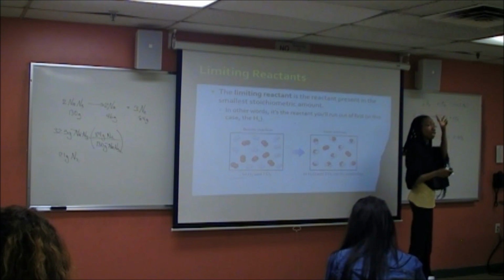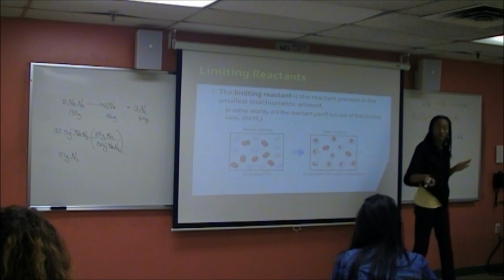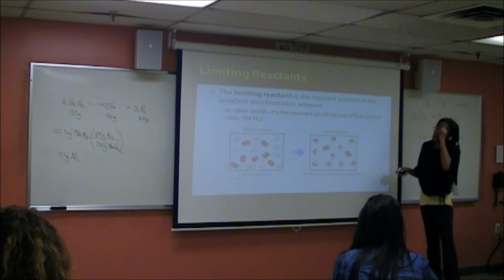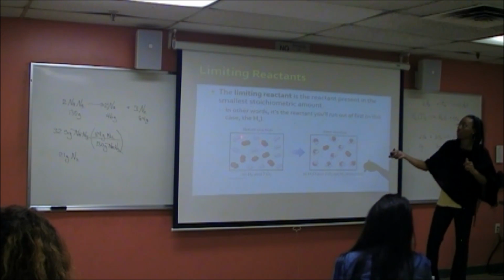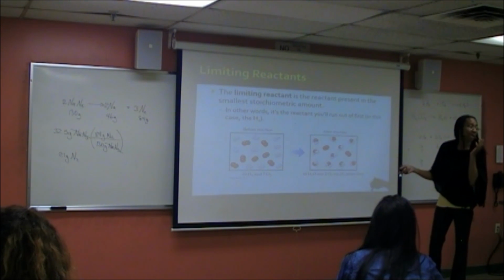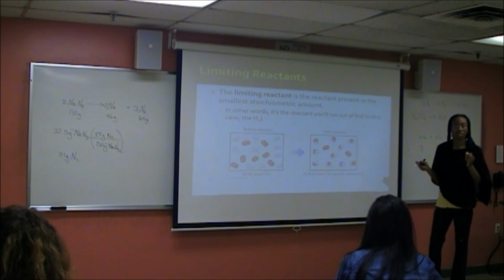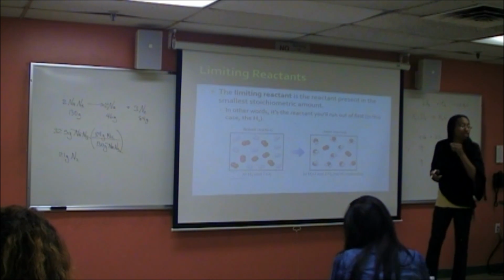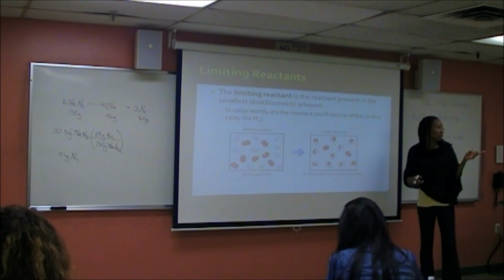So you need 2 hydrogen gas for every 1 oxygen gas. Here, the whites are hydrogen gases and the reds are oxygen gases. We have 10 hydrogen gas and 7 oxygen gases. Which one is going to finish first?